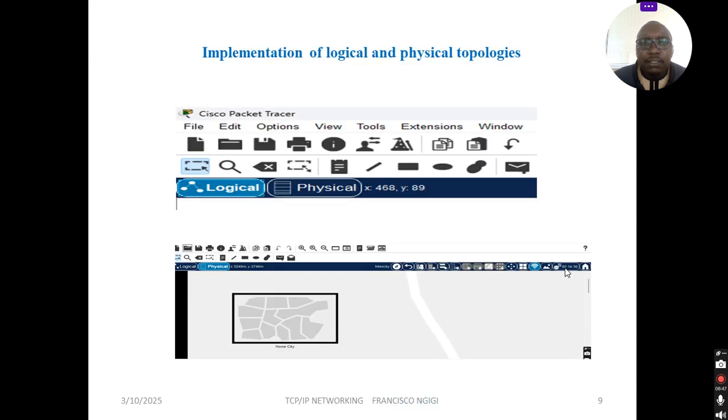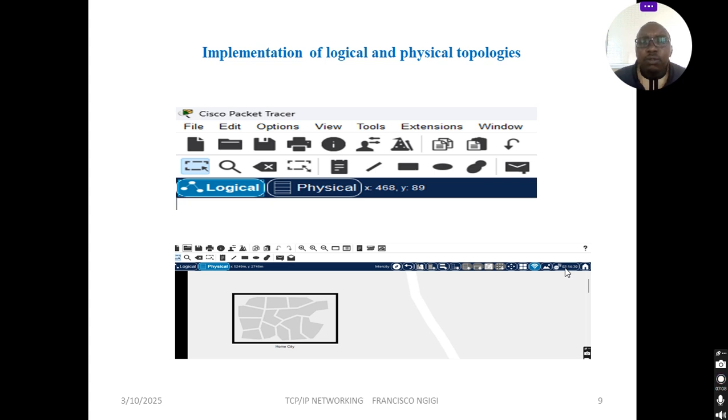Having said that, I can summarize and say that we have looked at logical and physical topology, and also we've looked at point to point and multi-point.